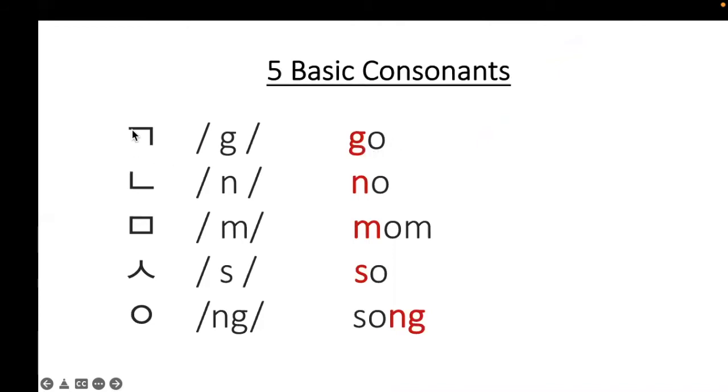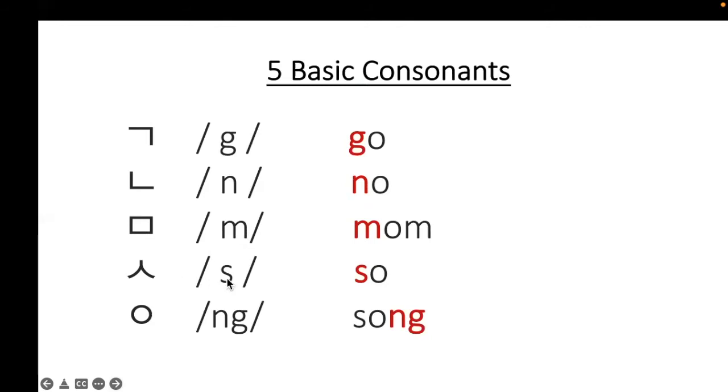We have the same sound, and Korean put it as this symbol ㄱ. And then this one, ㄴ, is really similar to the "n" sound in English. And then ㅁ, "m," really the same.